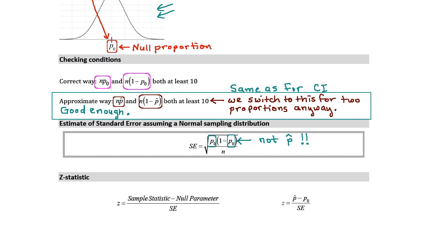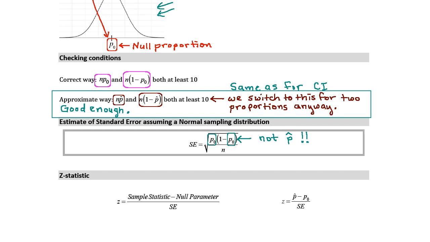Now, the formula we're going to use for our z statistic, this is something that you have already seen, this more general statement of sample statistic minus null parameter over SE.